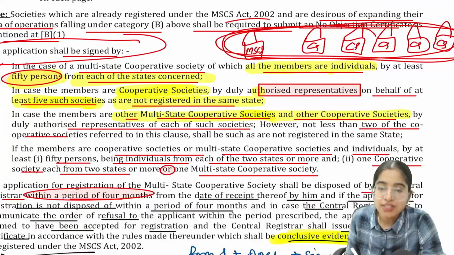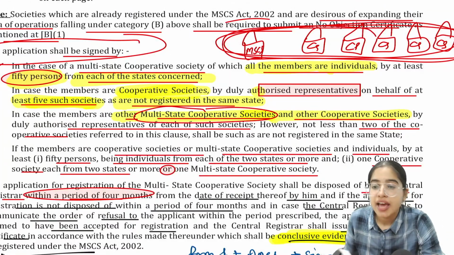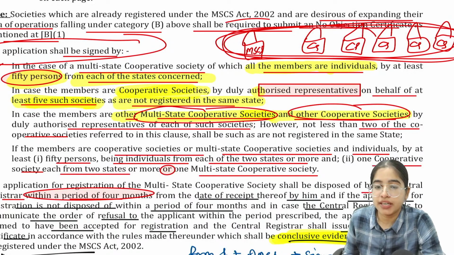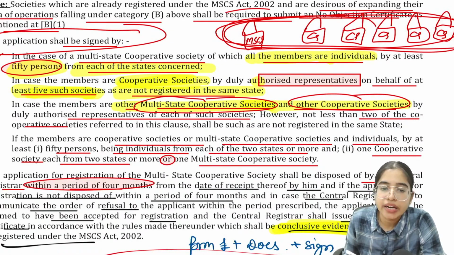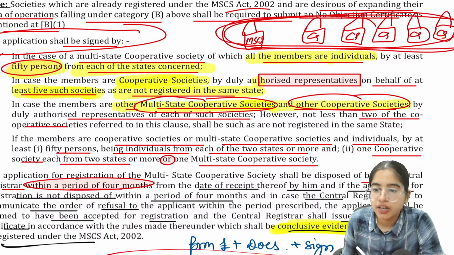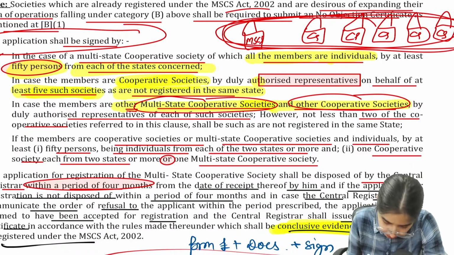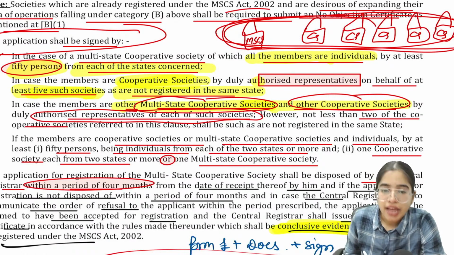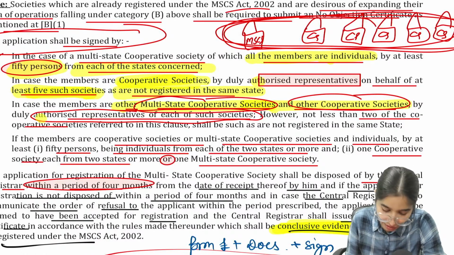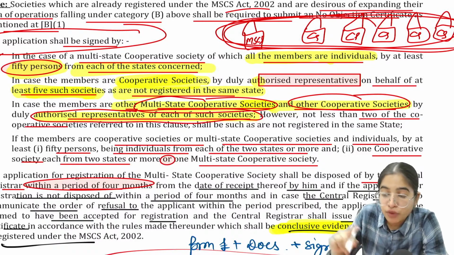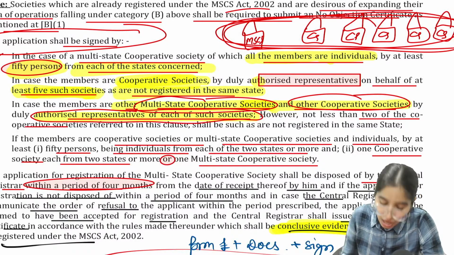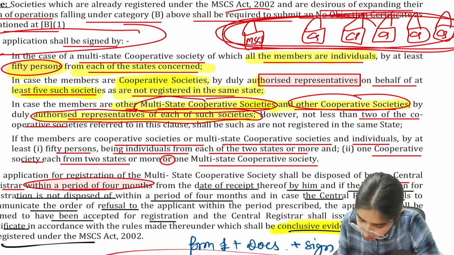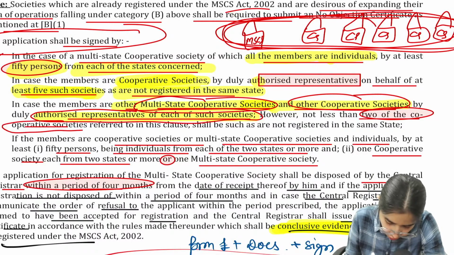If the members are another MSCS as well as other cooperative societies, how many signs are required? The application should be signed by the authorized representative of each of such societies. However, minimum you need the sign of 2 of the cooperative societies.